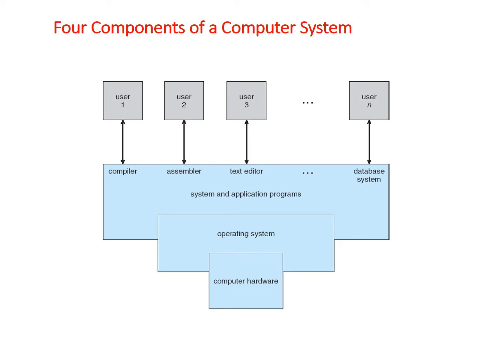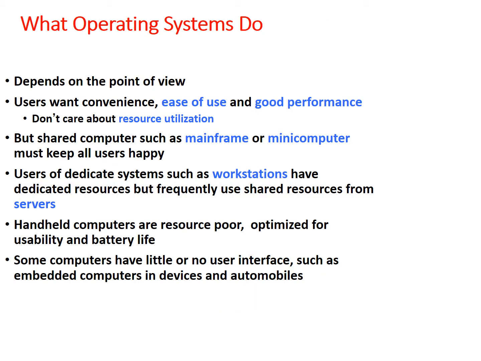User 1 represents the compiler, user 2 is between the assembler, text editor, database system, the system and application programs, the operating system, and the computer hardware. These are the four components of the computer system.